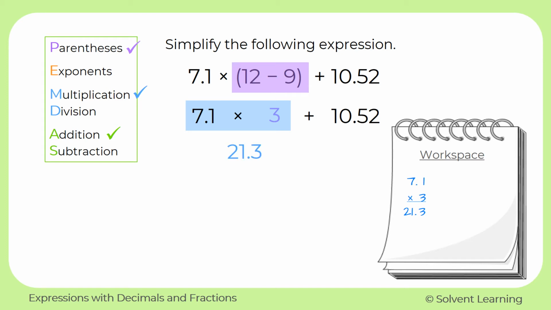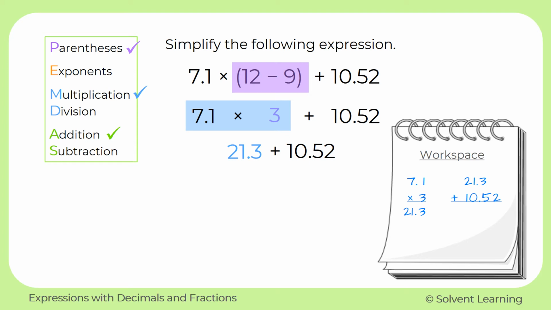Now we bring down everything else from that problem that we didn't complete yet. So we bring down the plus 10.52. Now we have just the addition step left, but it is with decimals, and remember, with decimals we have to be careful with how we line up our digits. So we want to line up the digits so that the decimal points are right on top of each other.